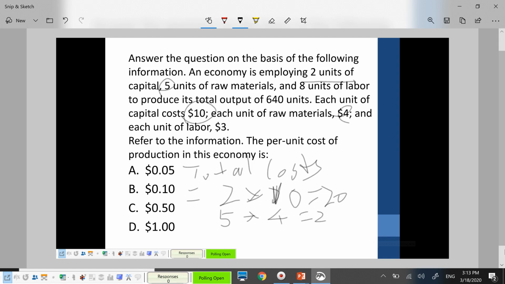So it is another 20. And next one is 8 units of labor. Each one is 3. Interesting, the labor cost is so low, that is 24. So the summation of the 3 total costs is 64. And how many units are we producing? We're producing 640. Okay. So 64 divided by 640, each unit costs you 10 cents.